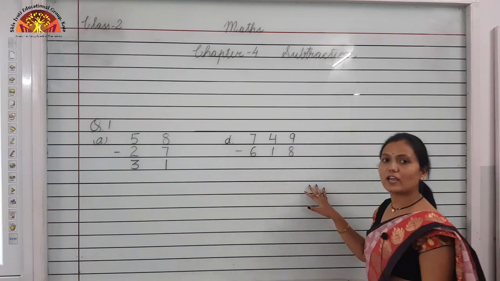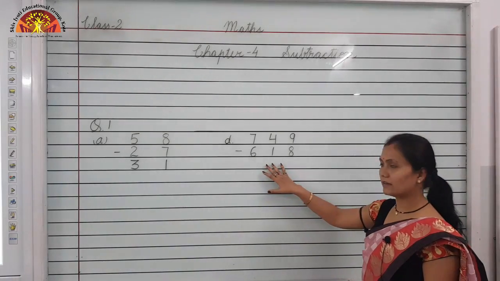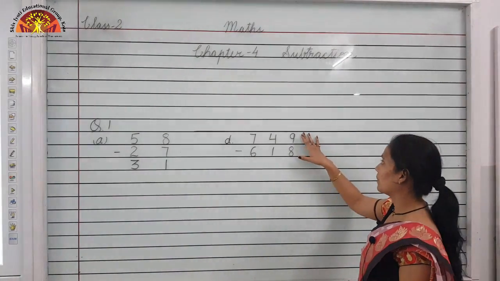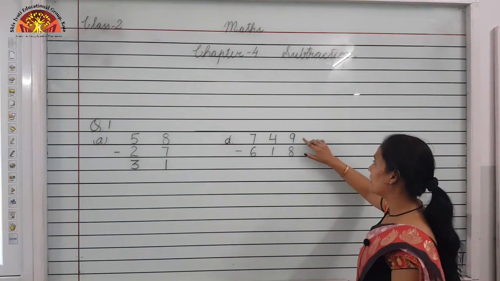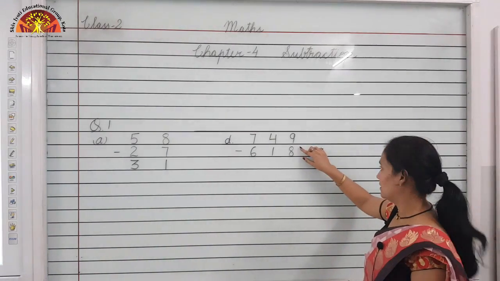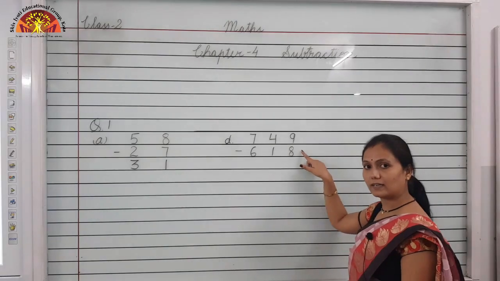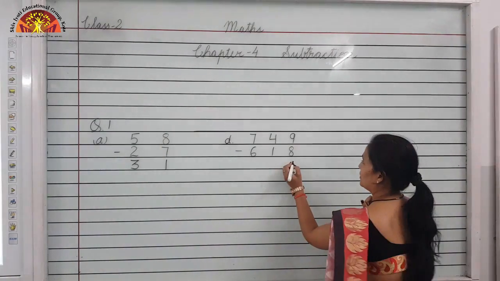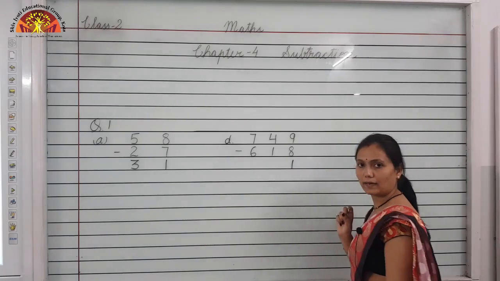Now here we have to subtract 618 from 749. So 9 minus 8. So count after 8. After 8 is 9. Only 1. So 9 minus 8 is 1.